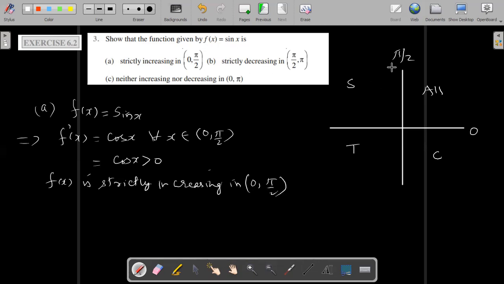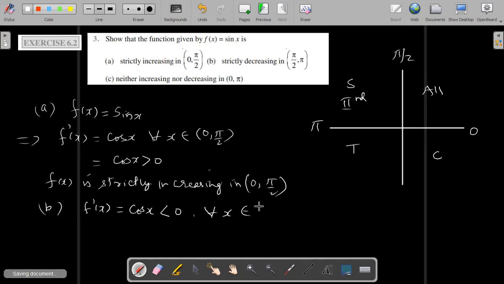Now strictly decreasing, pi by 2 to pi. Pi by 2 to pi means second quadrant. B part: in the second quadrant, f dash x is equal to cos x, and in the second quadrant sine is positive, cos is negative. Therefore cos will be negative, means less than 0, for all x belonging to pi by 2 to pi.